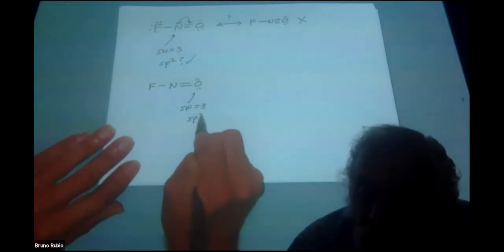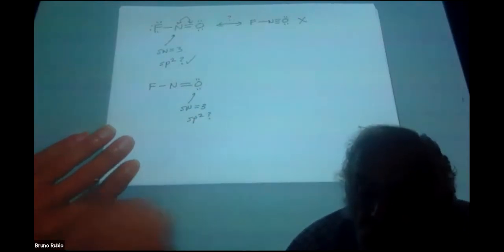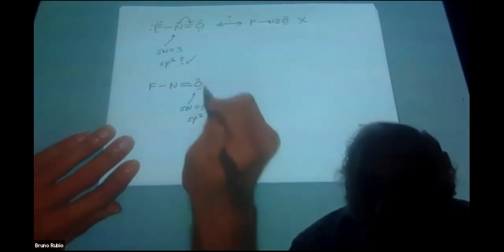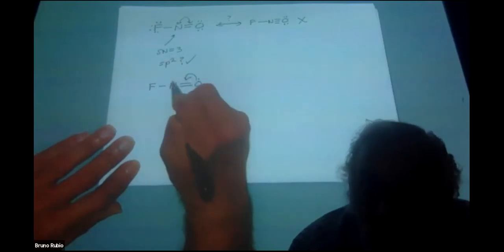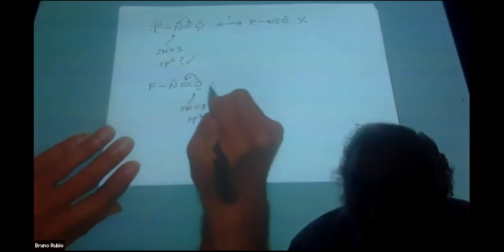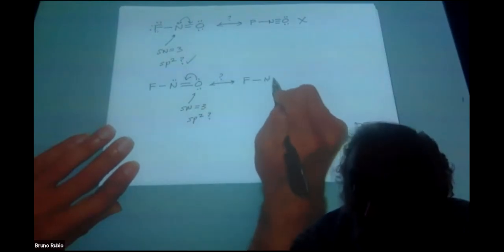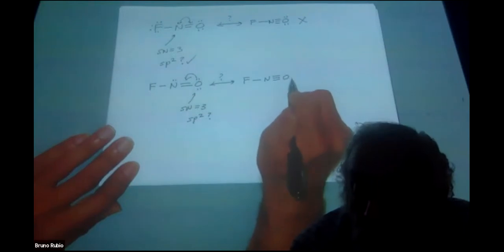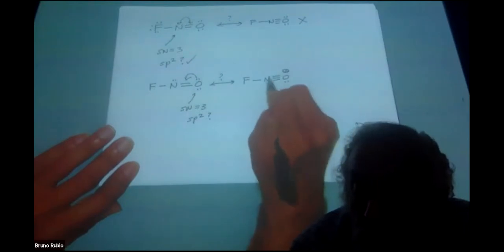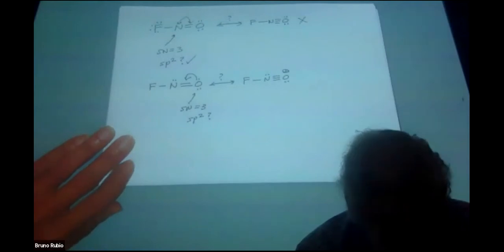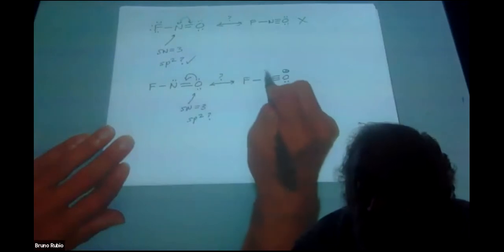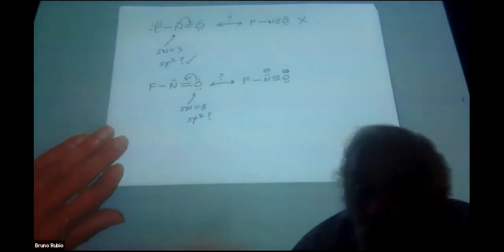So is that sp2? Does it have an unshared pair of electrons that I can move around in resonance? How's that grab you? Oh, that's not very good. I've exceeded the octet of the nitrogen.